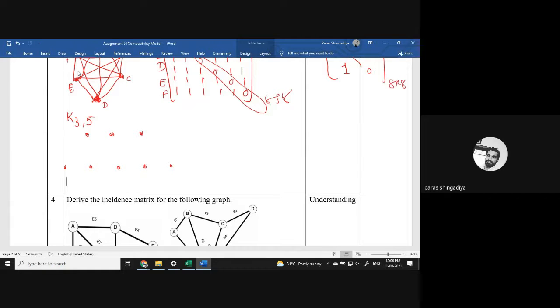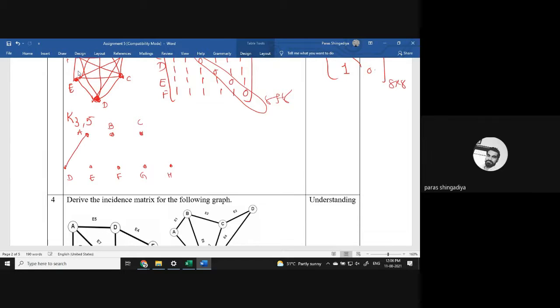Now what is the definition of a complete bipartite graph? Every vertex of one side should be connected to every vertex of the other side. If we take the notation A, B, C, then A, B, C should be connected with all the opposite 5 vertices.